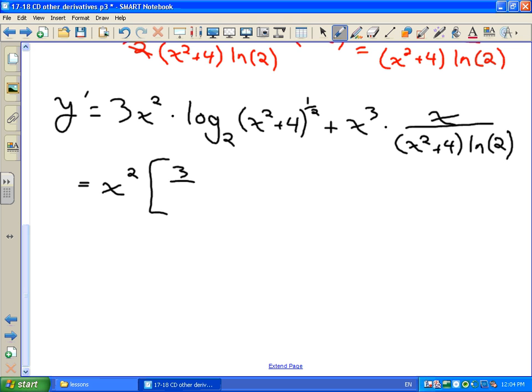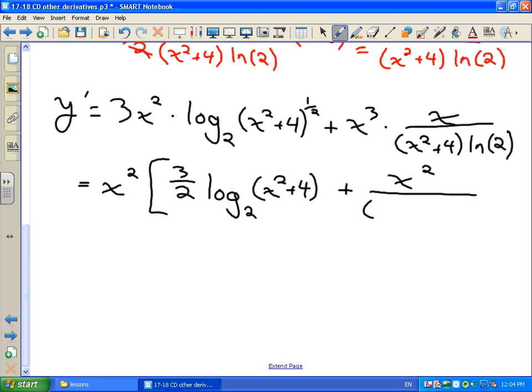So we'll have 3 over 2 log to the base 2 x squared plus 4 plus, if we factored out x squared, we're still going to have x squared left over here, x squared plus 4 times ln 2 down in our denominator.